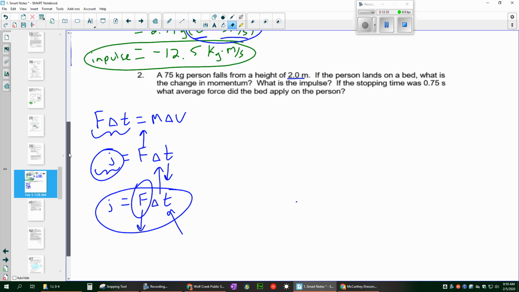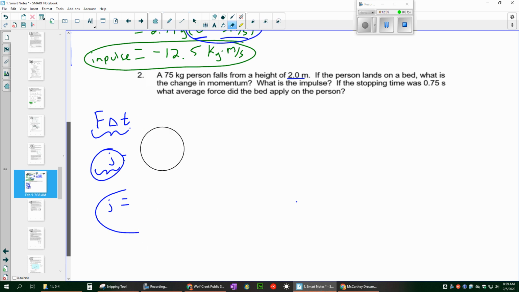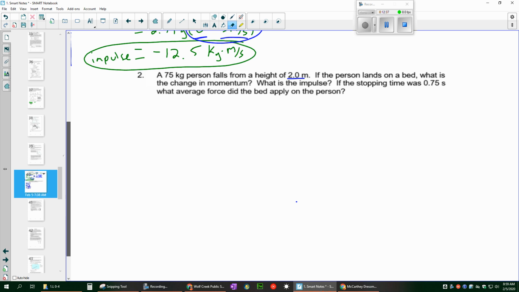Yeah. Okay, so let's do this question now, with that in mind. A 75-kilogram person falls from a height of 2 meters. A person lands on the bed. So here, we've actually done kind of questions like this in Physics 20. So we've got a person. There's their legs and their arms. They're falling down onto the bed.